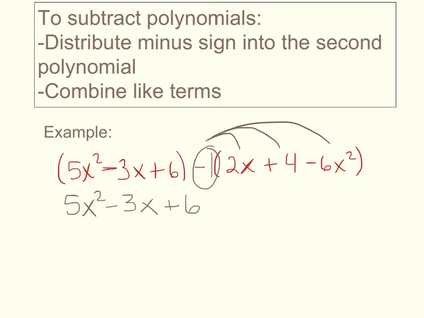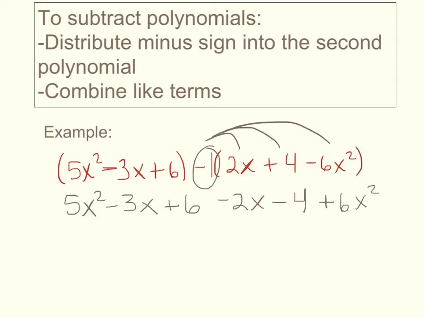And then we would have negative 1 times 2x is negative 2x. Then negative 1 times 4 is negative 4. And then we would have negative 1 times negative 6x squared is positive 6x squared.